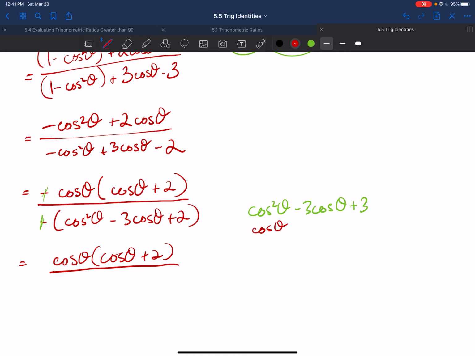Cos theta, should be 2 at the end, not 3. Two, 1, negative, negative. That works. So cos theta minus 2.